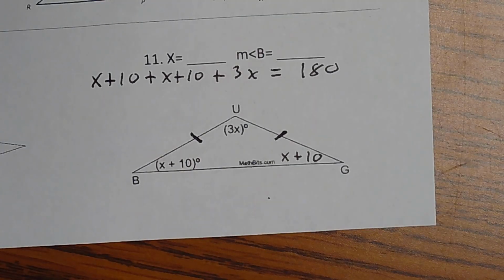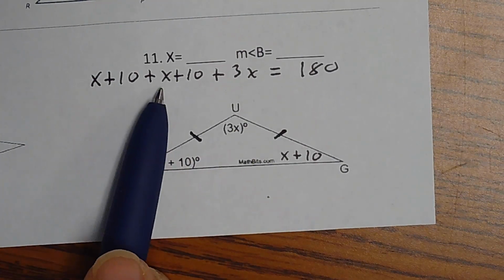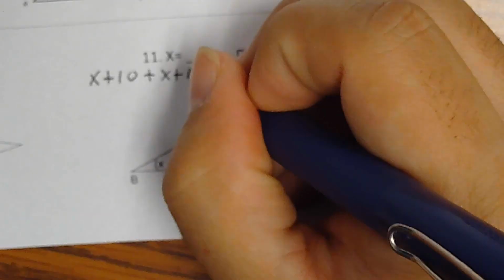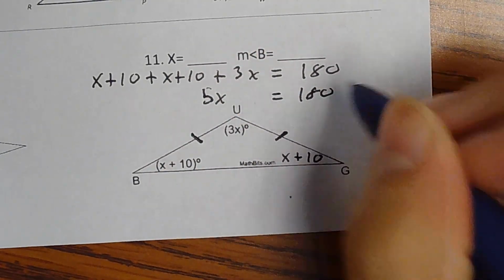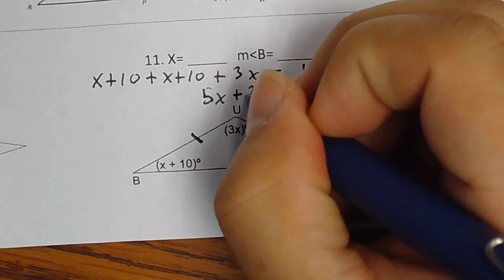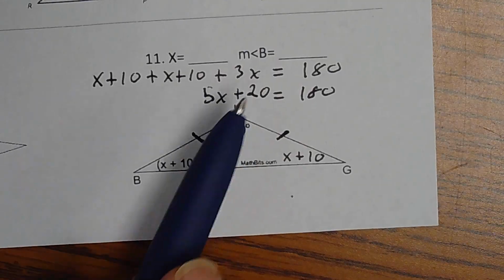Okay. From here, I'm going to combine like terms. I have 1x plus another x is 2, plus 3x's is 5x's. And my constants. I have 10, 10, it's 20.